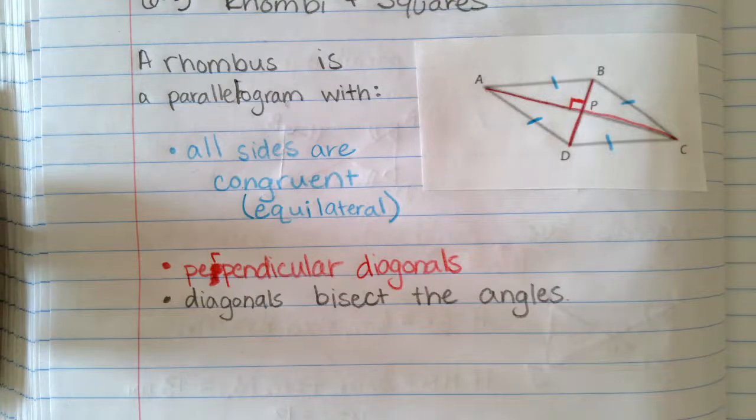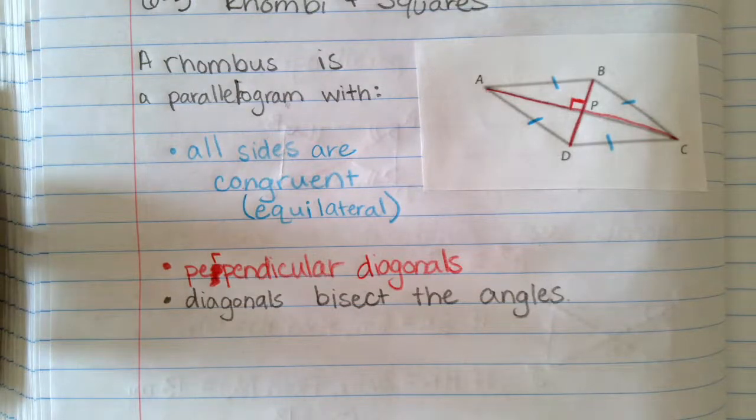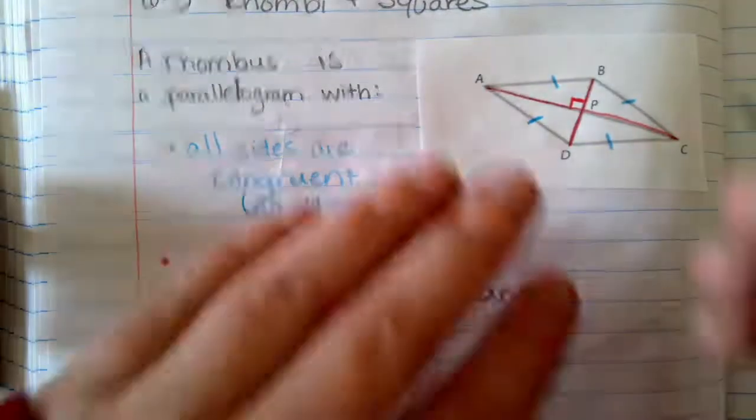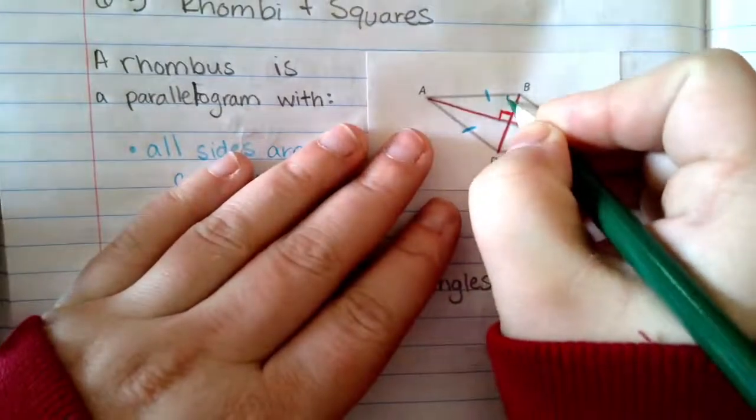Yep, or split them into two parts that are equal. So those diagonals, that was the red line, bisect, they cut that angle in half. So if we look at angle B, it is being cut in half by that diagonal. So I know that this side is going to be congruent to the other side.